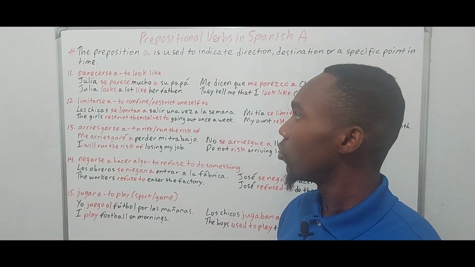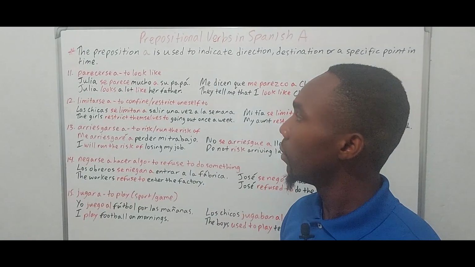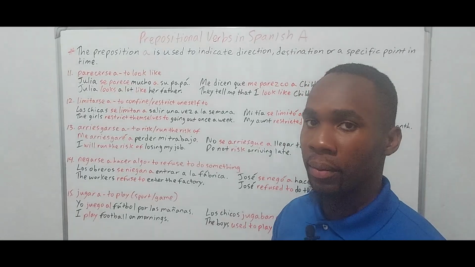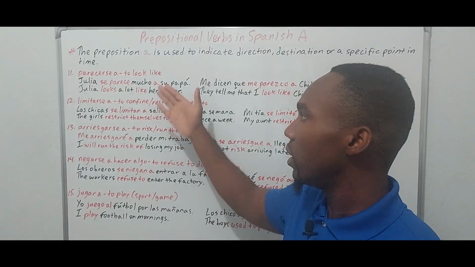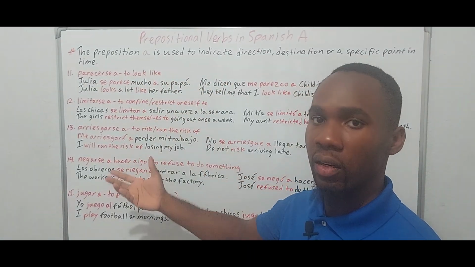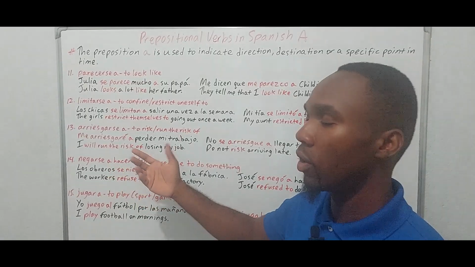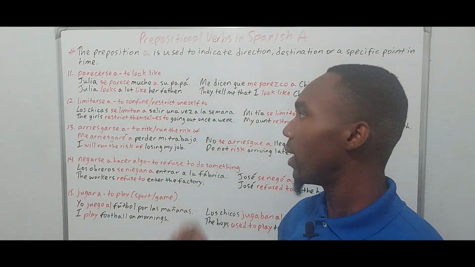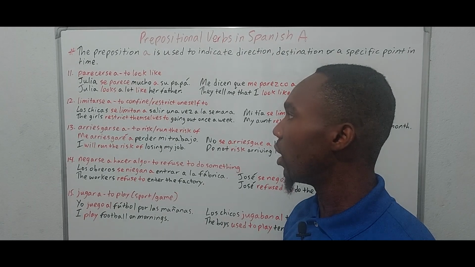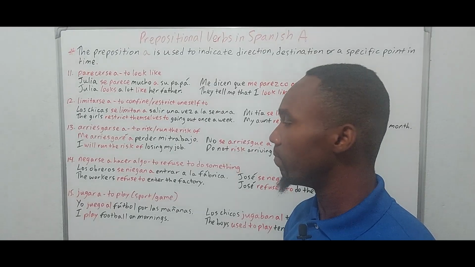Okay, so número 11, parecerse a, to look like or to resemble. Obviously, in this context, what would follow would be a noun. Right, a noun would follow. So, Julia se parece mucho a su papá. Julia looks a lot like her father.